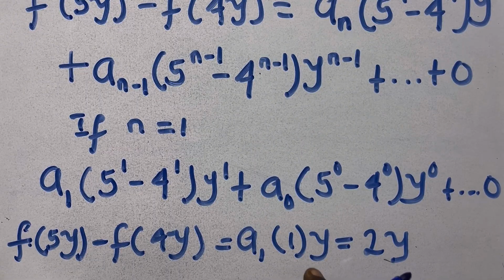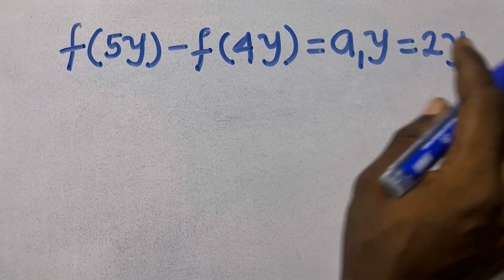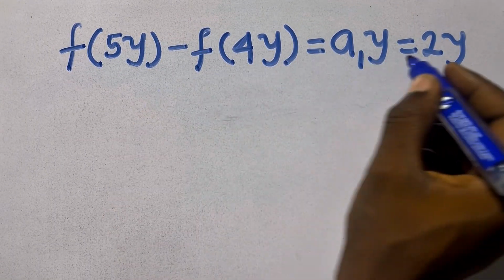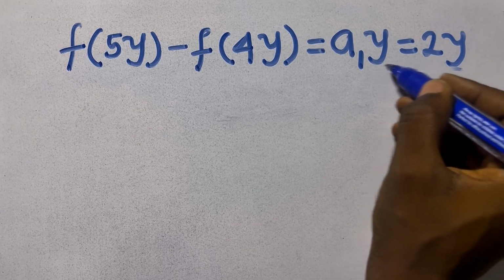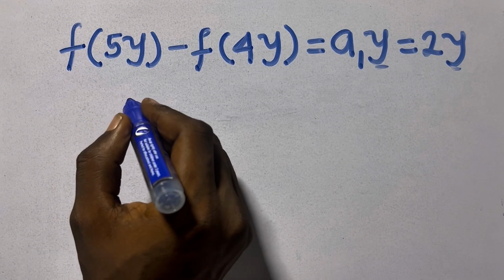So we have something to do with this and this, right? That means we are going to equate this to this. If you compare, we have y here, we have y here. So that means our a1 equals 2.